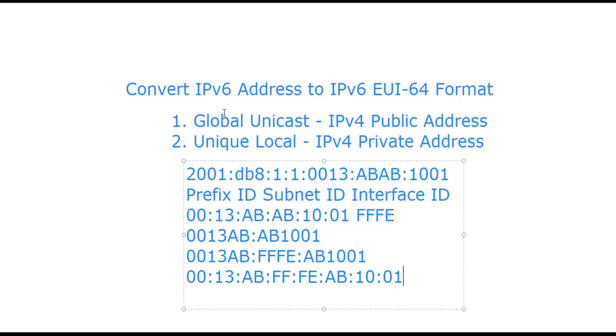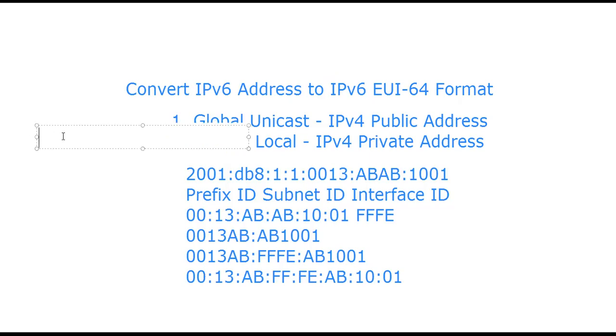Now I am just going to convert it into the EUI-64 format. To do that, we have to take the first two hex digits, that is 00. Let's take it here. So I am writing here 00. To convert it to the EUI-64 format, we have to take the binary of this.